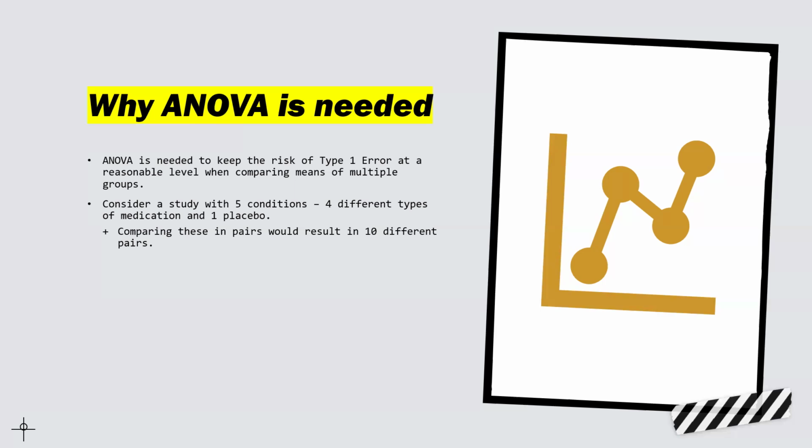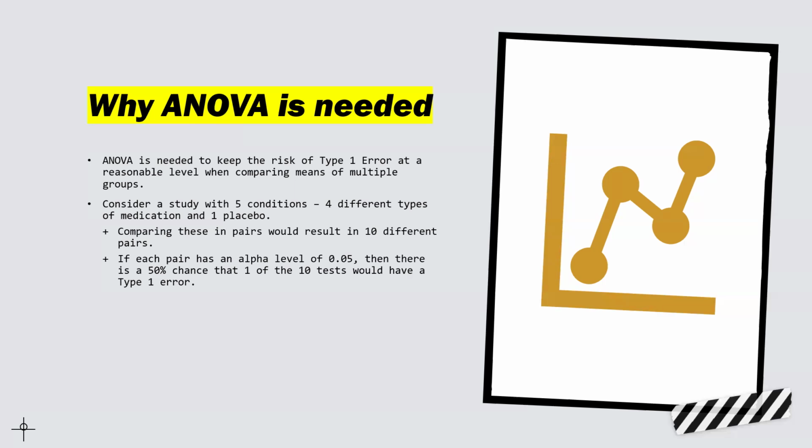With all those different pairs, there's actually a 50% chance that one of those tests actually has a type 1 error, even if my alpha level is 5%, 0.05. Even if I use my T critical value of alpha equals 0.05, I still actually have a 50% chance.